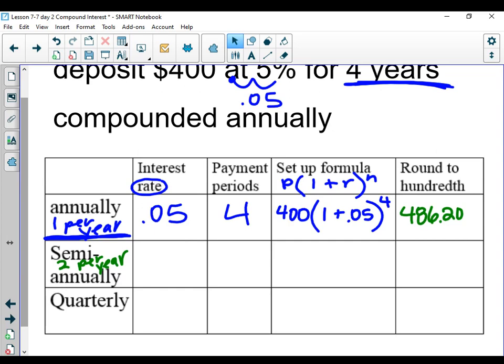June 30th is the first time. Now she can't do 5 and 5 because that's 10. So she has to take Layton's 5% and do 2.5 and 2.5. She had to split his 5% in half. 2.5% for the first part of the year, 2.5% for the second part of the year.